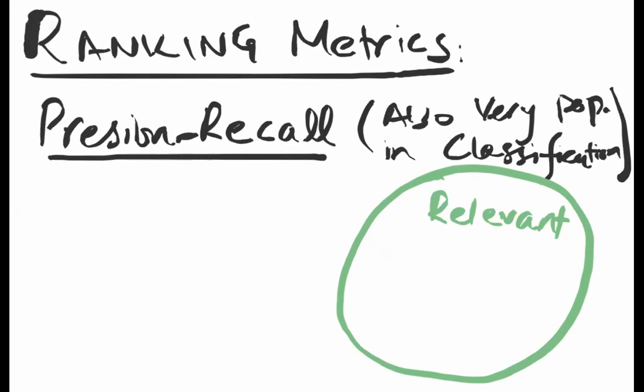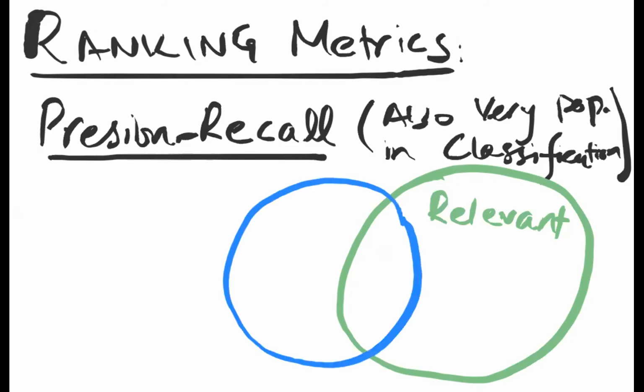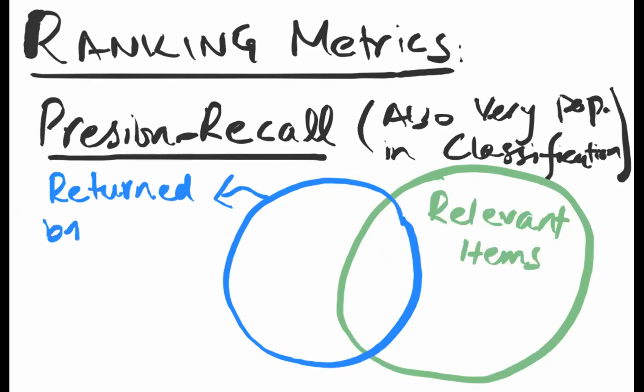Now you have a ranker, and this blue curve is the returned items, returned by the ranker.